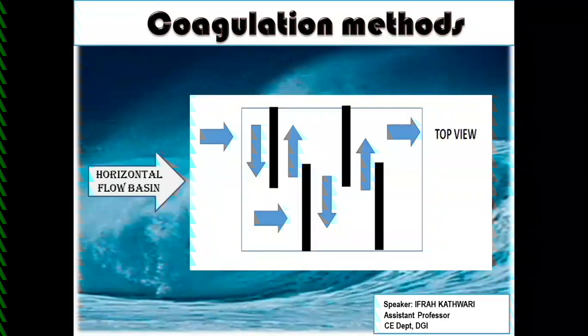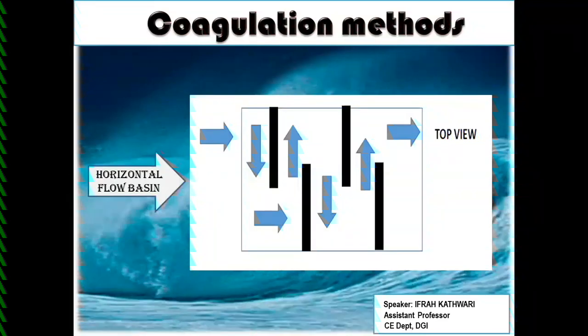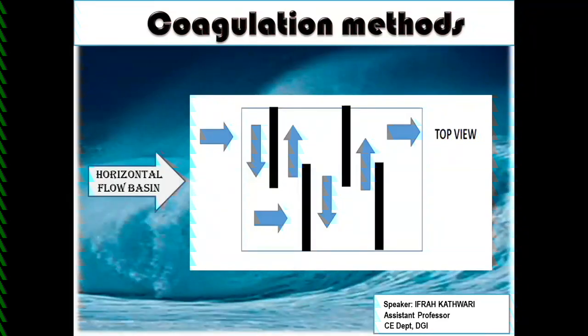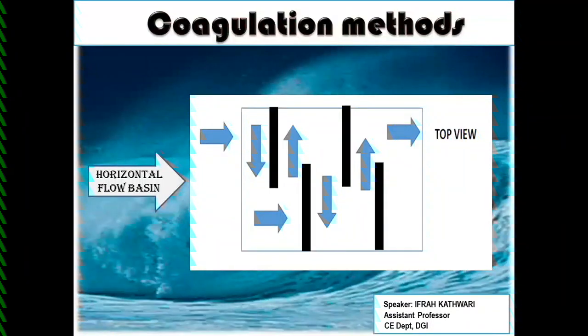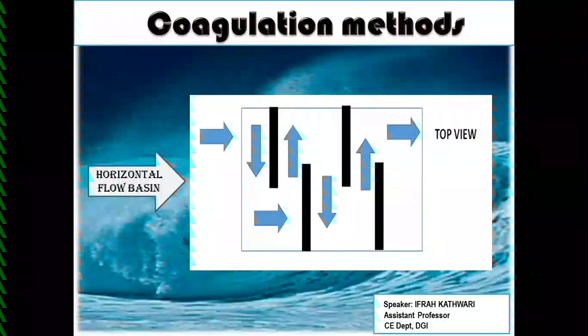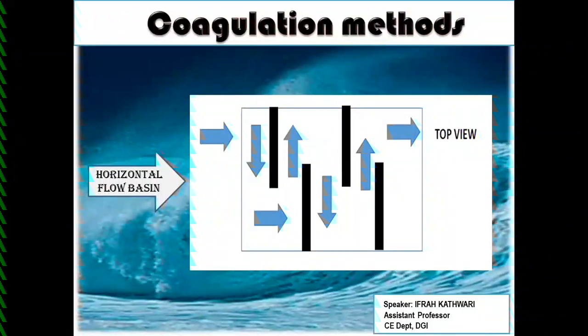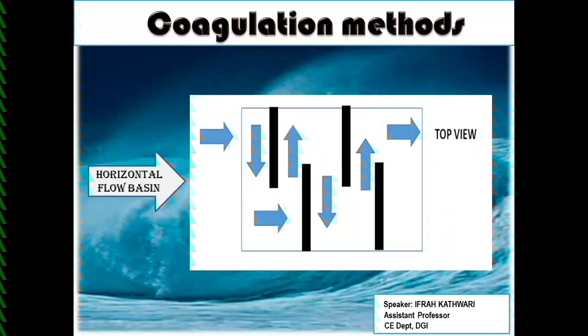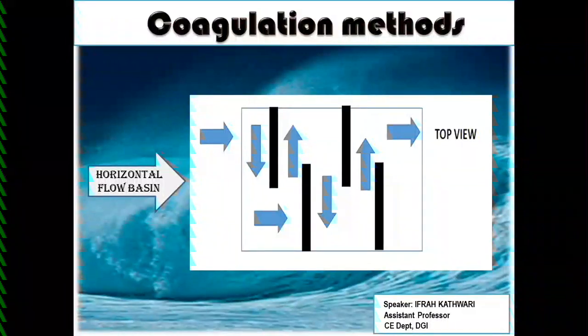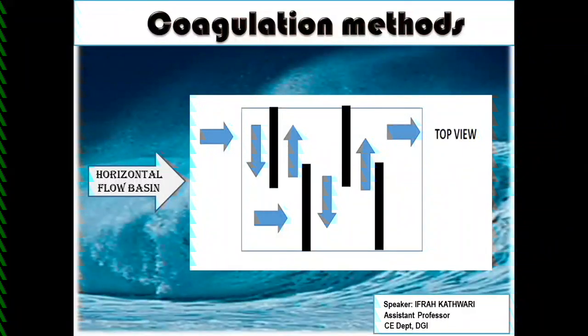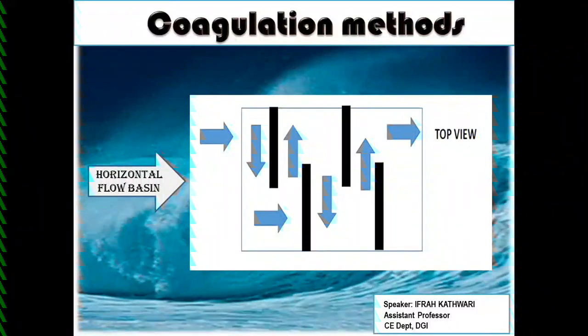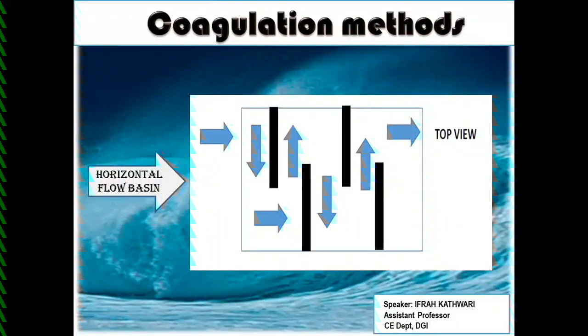Here, it's a horizontal flow basin, right? The water is flowing in a horizontal manner, and this is the top view of the basin. In this kind of mixing, the mixing is done by the turbulence of water. How does this turbulence or disturbance in water occur?